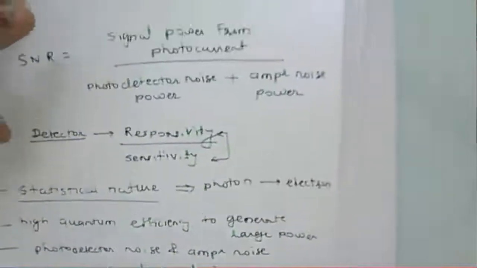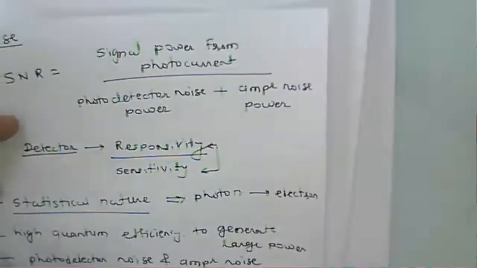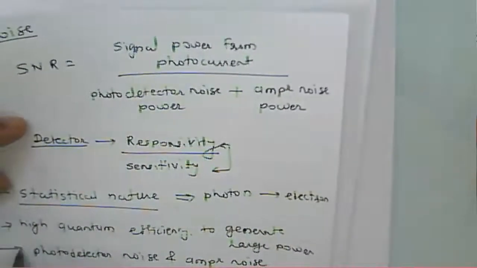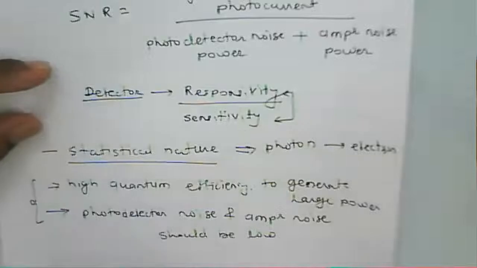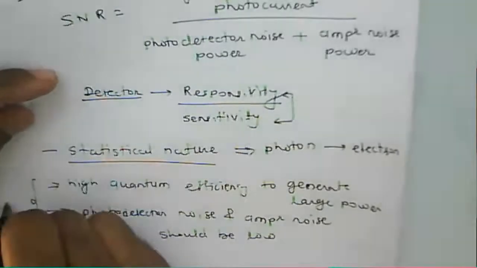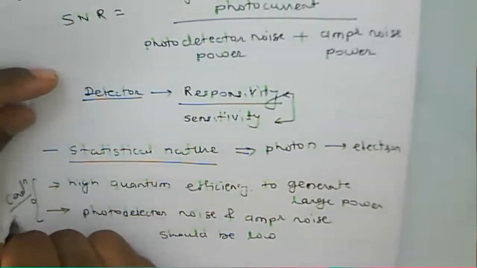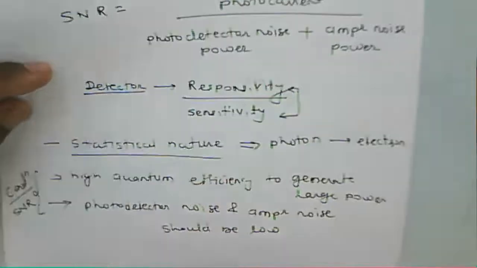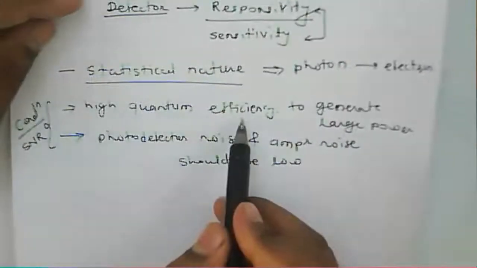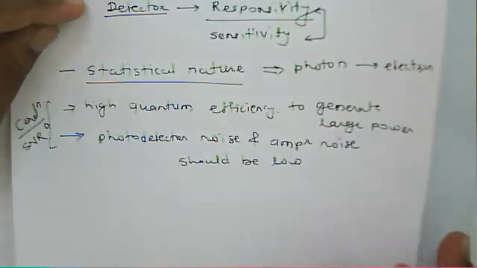So now, simple. These are the two conditions for the photo detector to improve the signal to noise ratio. One is about the high quantum efficiency, another is about the noise.